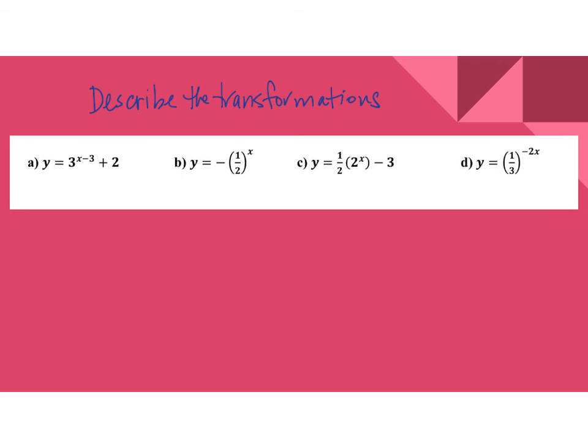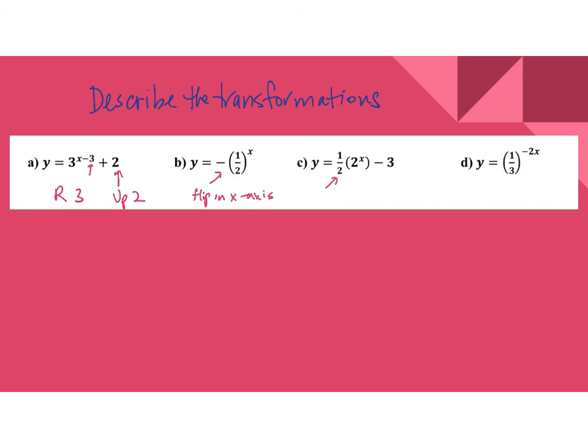A few questions. Describe these transformations. So I'm going to say that this 3 means right 3, and this 2 means up 2. This negative is a flip in the x-axis.